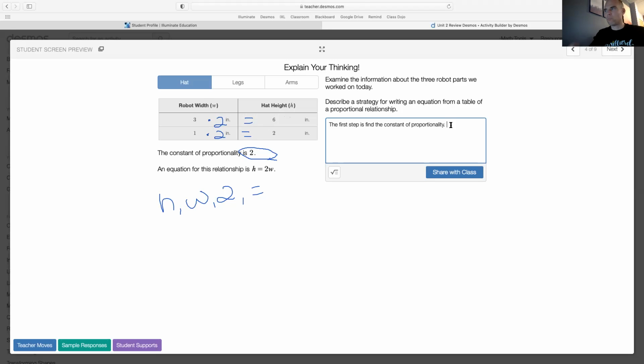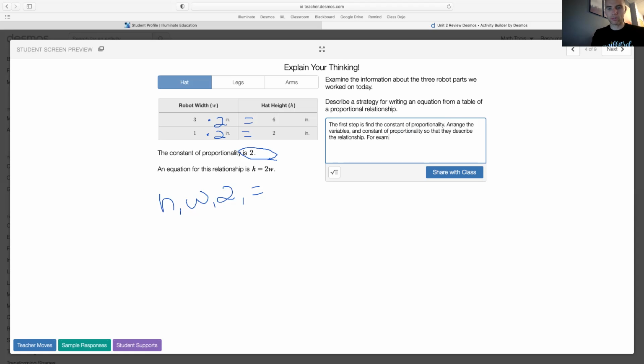So my strategy, I guess, would be arrange the variables and the constant of proportionality so that they describe the relationship.